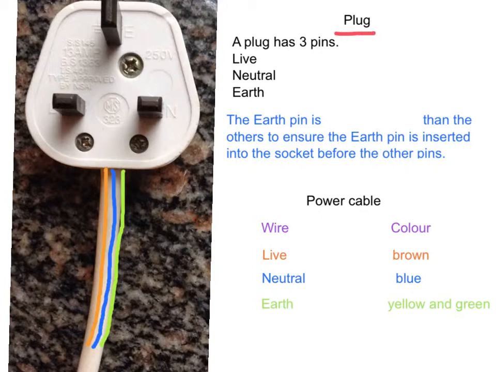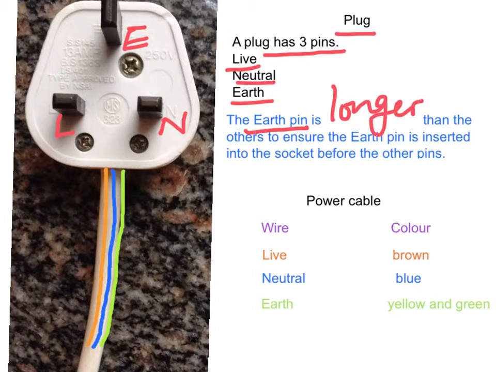Electric plug 插頭. A plug has 3 pins: the live pin, the neutral pin, and the earth pin. Notice that the earth pin is longer than the other 2 pins to ensure that the earth pin is inserted into the socket before the other pins.